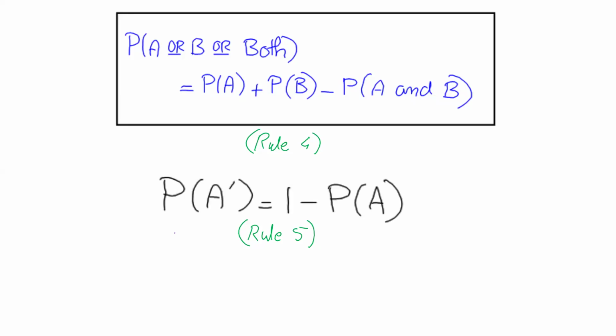Probability of A prime is equal to 1 minus probability of A. A prime means not A. Yes, sir. Okay, of course, that will be the rule.